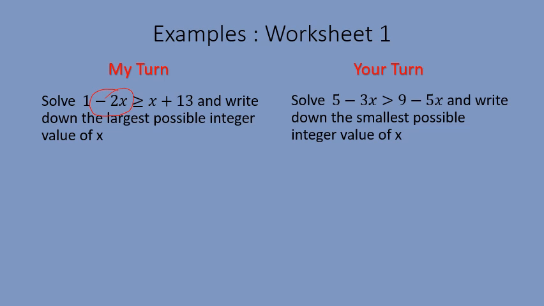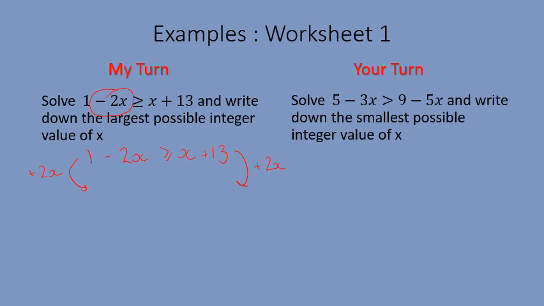Negative 2 lots of x is smaller, is less than 1x. If you think on your number line, negative 2 is lower on your number line than 1. So it's the negative 2x that we're going to move. To move a subtract 2x, I need to add 2x to both sides this time.